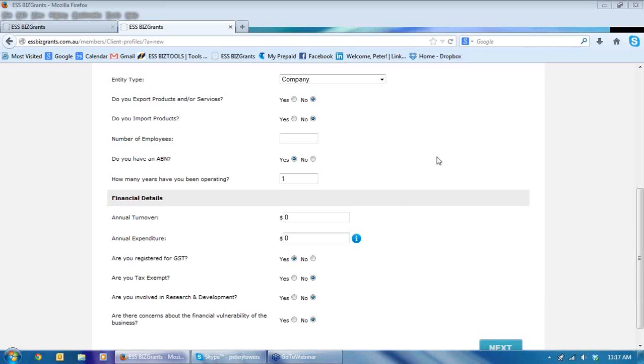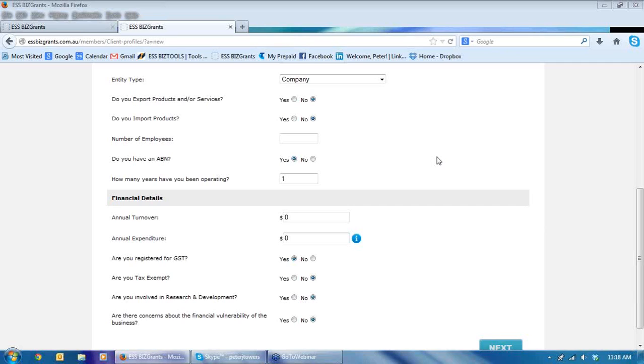That last question there, are there concerns about the financial vulnerability of the business? It's drafted to suit a bureaucrat. The government hates giving grants to businesses that within a very short period of time have a receiver or a liquidator appointed. So really that's the purpose of the question.